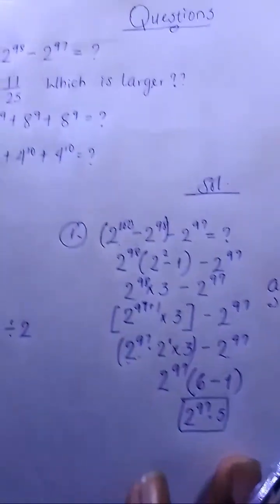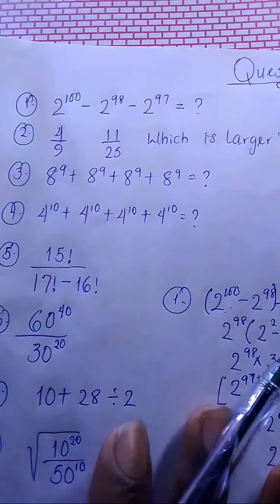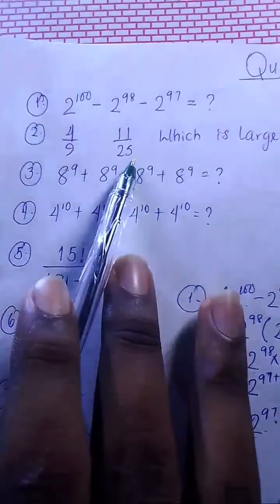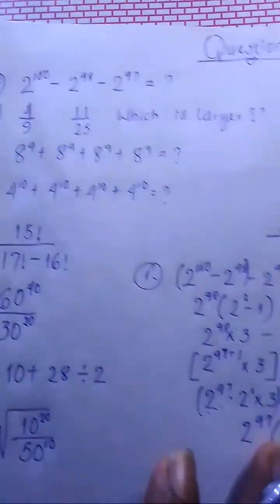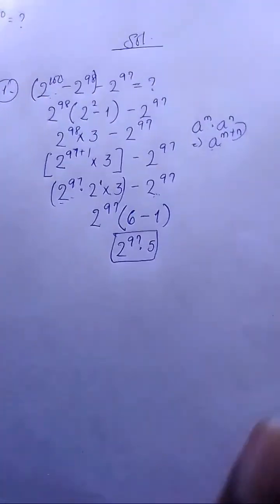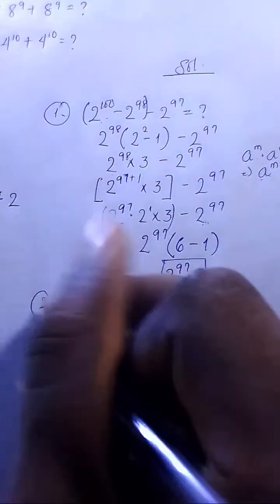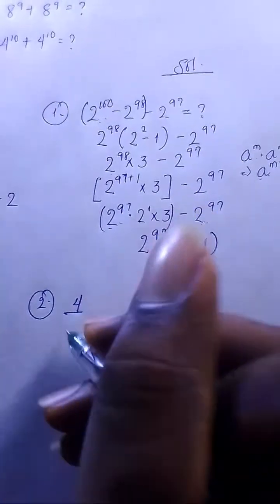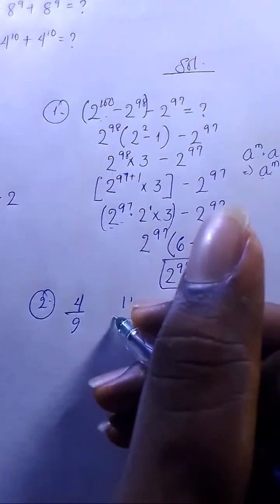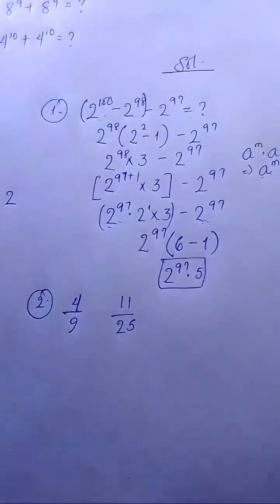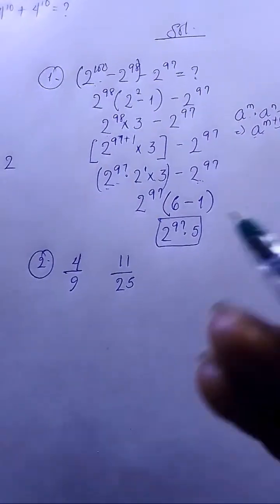Number 2 question, this is the number 2 question here. 4 over 9 and 11 over 25, which is larger? This is quite simpler. How do we know the one that is larger in this case?